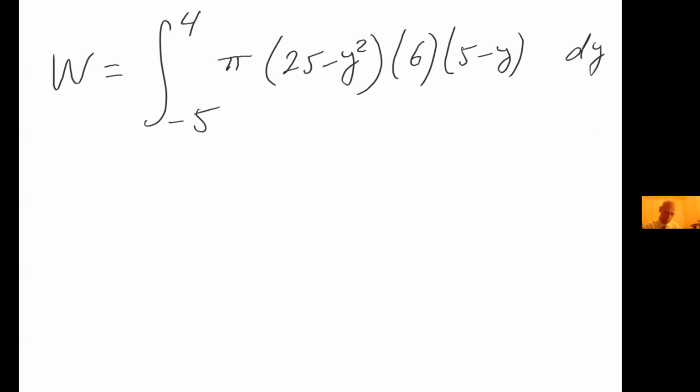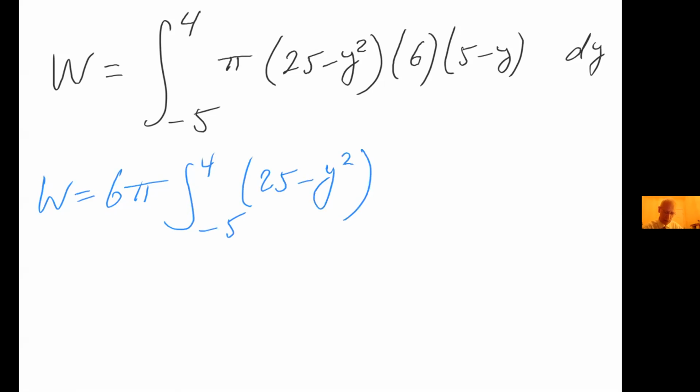All right, let's pull out the 6 pi and take the integral from -5 to 4, 25 minus y to the second times 5 minus y dy. And I just wanted to be sure, I plugged that into my TI-84, and it gives me, well, let me just put equal, I'm going to put lots of digits.